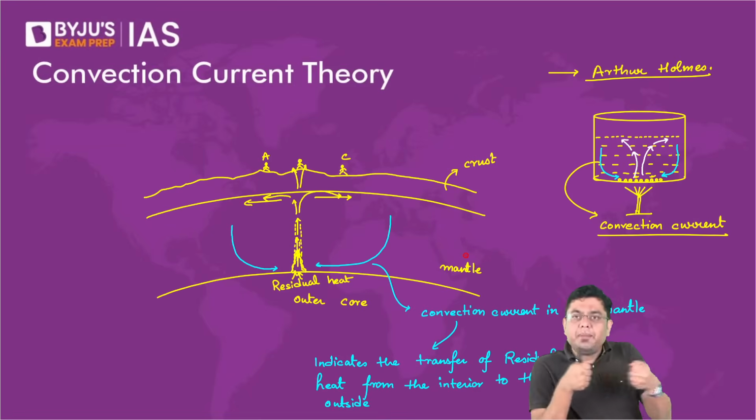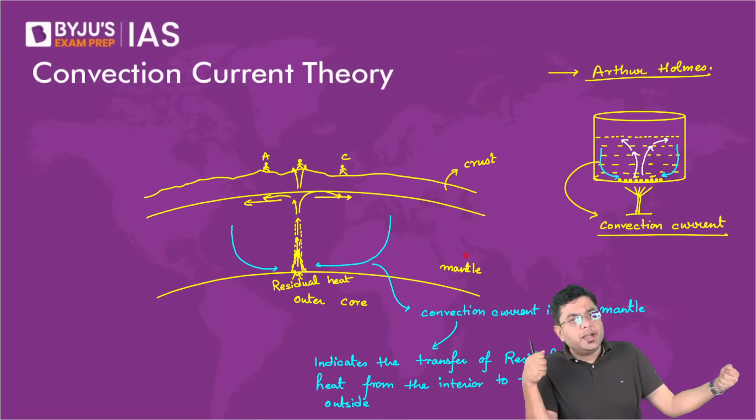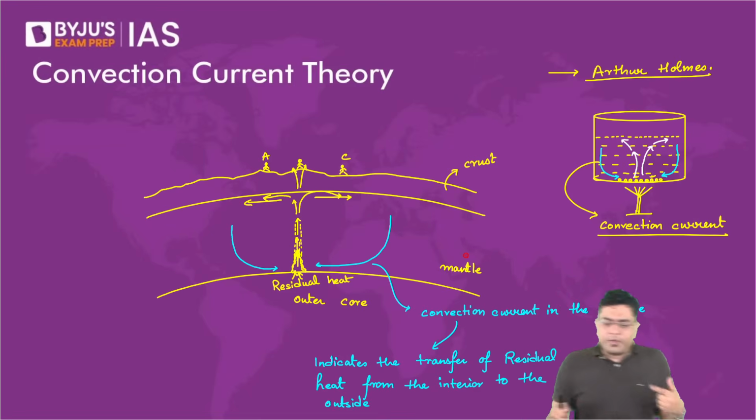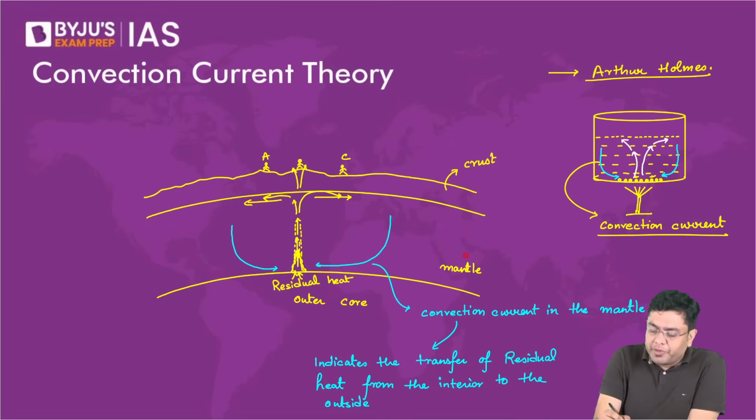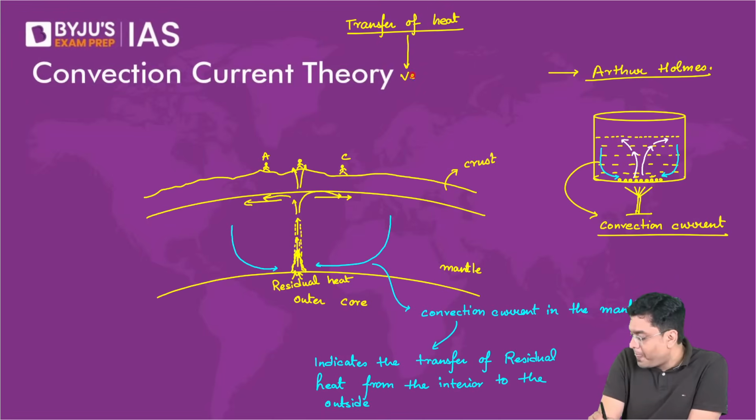The land can be pulled and stretched apart. So, when we talk about the transfer of heat, you have the vertical column, as well as horizontal.